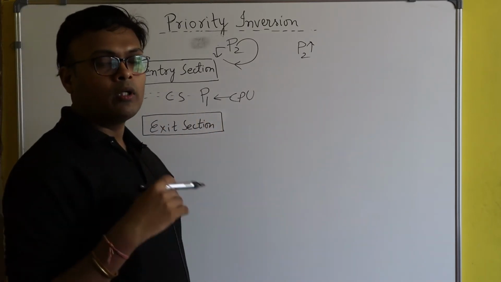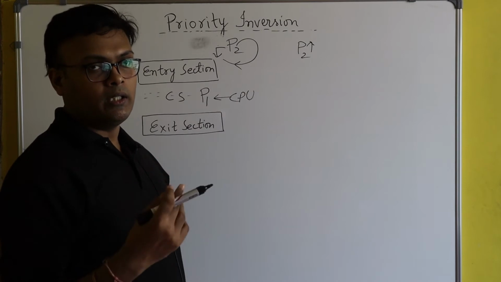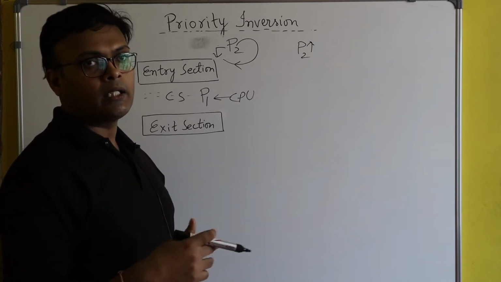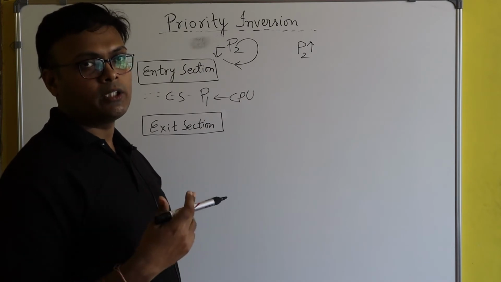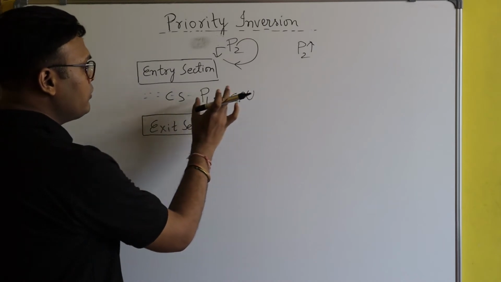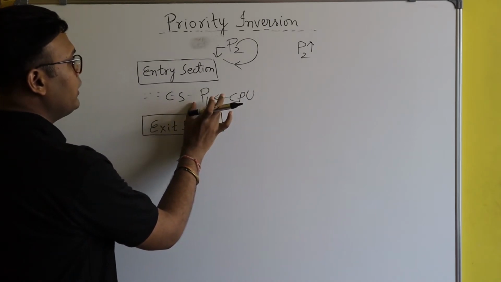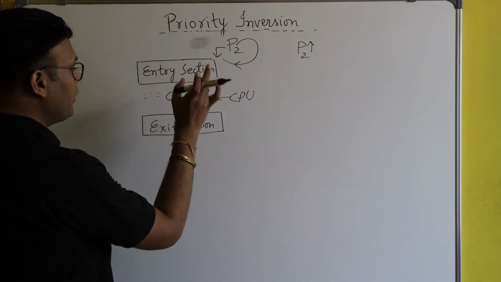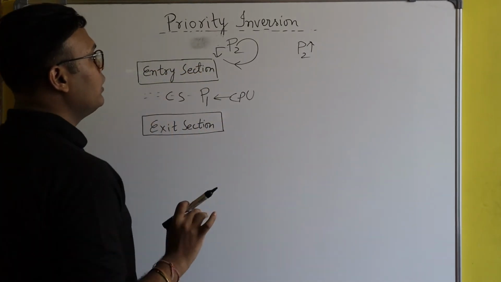Remember one thing: in order to execute anything, whether entry section, remainder section or exit section, the CPU is needed. So initially the CPU is with P1, that's why P1 could execute the entry section and is in the critical section right now.